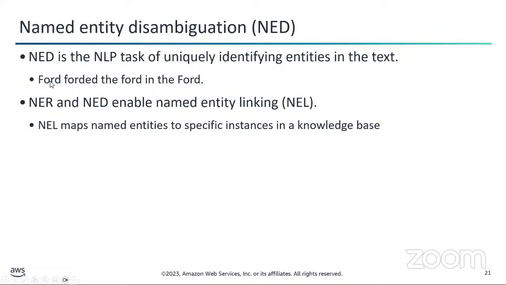This Ford is the name of a person. "Forded" means founded. This Ford refers to the company, and then "in the Ford" could be whatever, depending upon the context. So you have to disambiguate this word four times. This could be the Ford family.